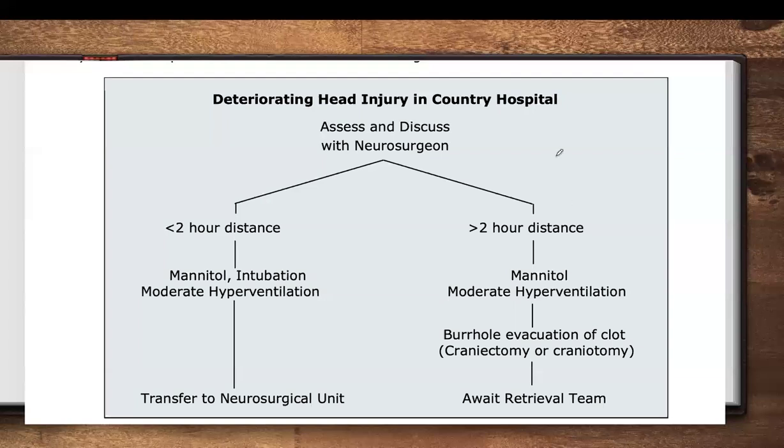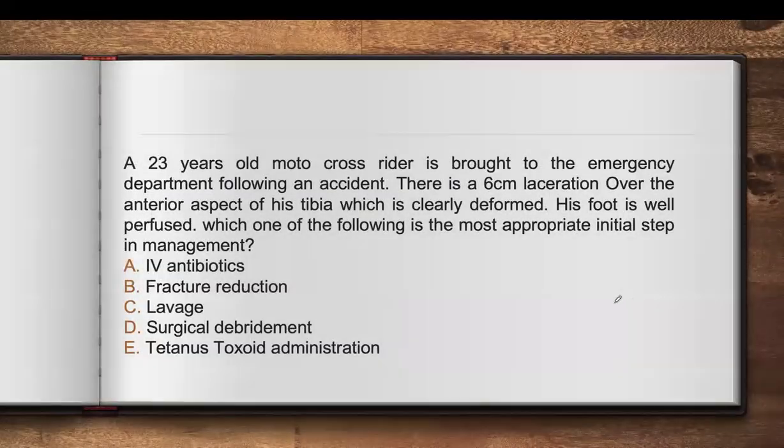So you can understand that first, according to this chart, they did a CT or X-ray first, then they actually decided. After that, they gave mannitol, hyperventilation, then bar hole. So this is the step-by-step approach.